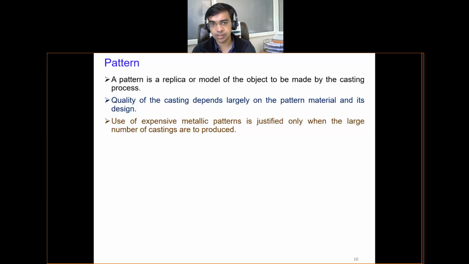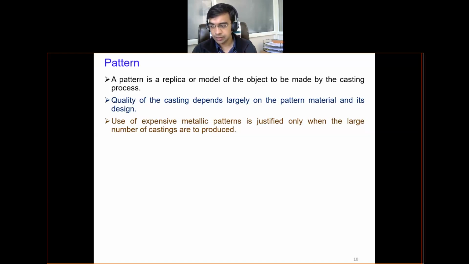In such cases you will use metallic patterns, which we can consider permanent patterns. Then there are wax patterns, which always get evaporated in the casting process. One of the casting processes I discussed in the beginning was investment casting. We will see more details about that process in this module.